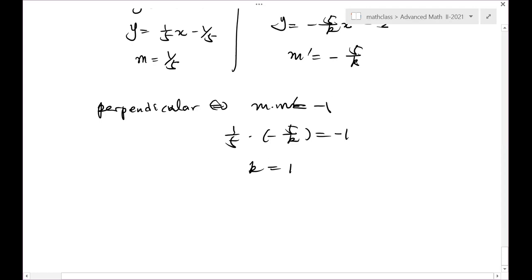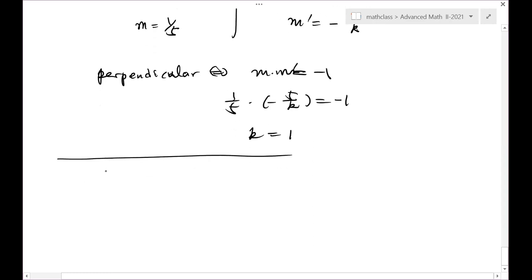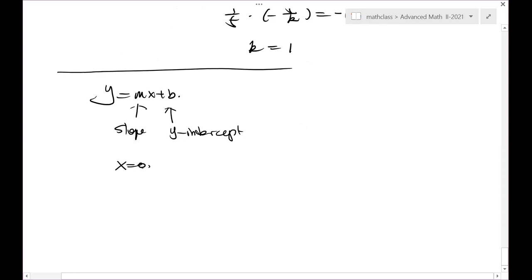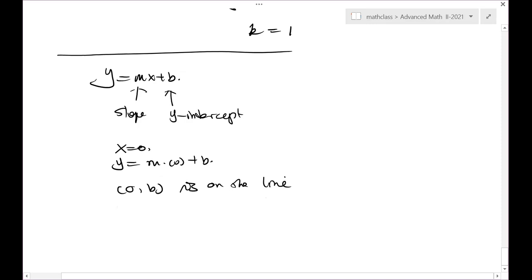All right. So let's understand the equation. If you have an equation y equals mx plus b, m is the slope. This is always the slope. And how about b? This is called the y-intercept. Why? Because when x equals 0, y equals m times 0 plus b, so the point (0, b) is on the line. At the same time, (0, b) is also on the y-axis.